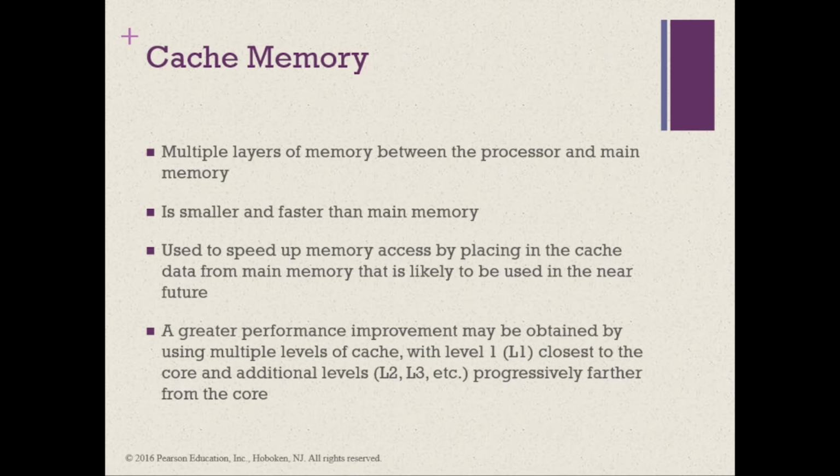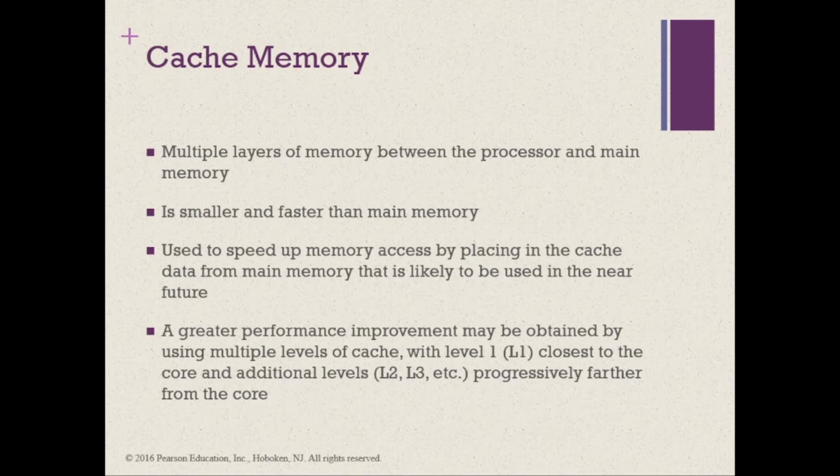In this scheme, level n is smaller and faster than level n plus 1. So by means of our example, L1 is the smallest and the fastest among L1, L2, and L3, based on this statement.